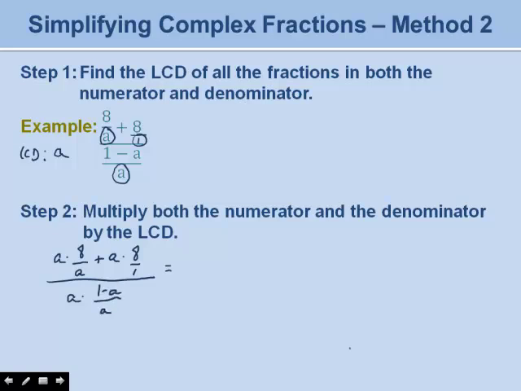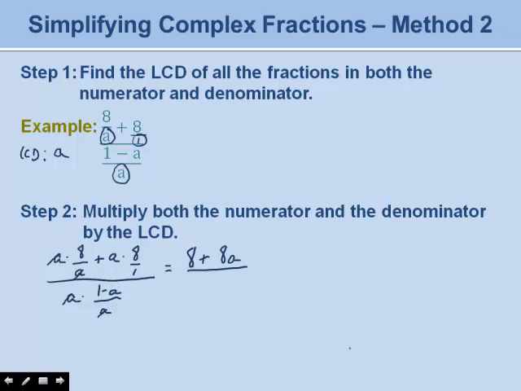Now let's go through and look to see what kind of canceling we can do. Here we can cancel the a's. Here there's nothing to cancel. And here we can cancel this a, which is a factor, with this a in the denominator. So what we have left is 8 plus, and here we have a times 8, so that's 8a.